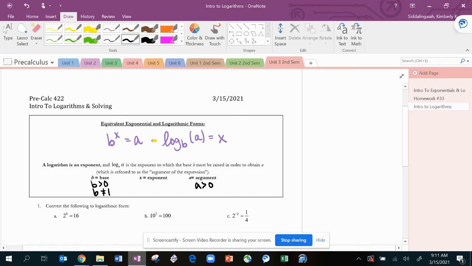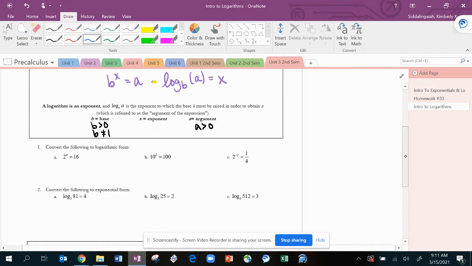The reason we don't like b being 1 is if you think about the exponential form, 1 to a power is pretty boring because it's always 1. So b can be any positive number. It can be a fraction. It's not going to be negative, and it's not going to be 1, and it's not going to be 0. Notice no restrictions on the x. That can be anything. So this may come up in our work. I just want to point it out.